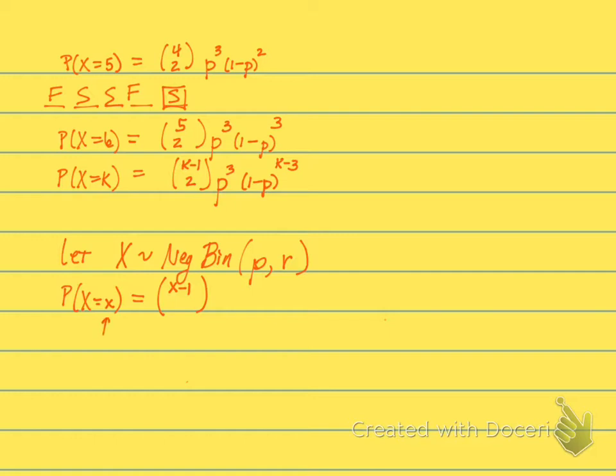So remember, this was 6 trials with the preceding 5, and 5 trials with the preceding 4. We're going to choose all the successes that aren't the last, so r minus 1. Okay? We are always going to have p to the r for the r successes, because that's when we stop. And then the remainder of the x that aren't the r, so x minus r, are failures. So this is the PMF for the negative binomial.